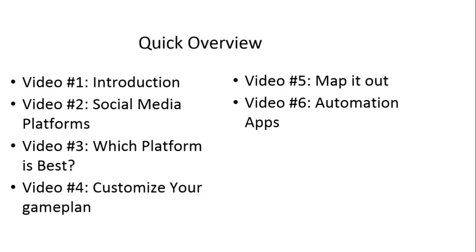And of course, last but not least, once you have mapped it out, we're going to talk about automation apps. There are many different apps out there that will allow you to automate your social media presence. So for example, if you posted something like an image, content to Facebook, then you could create automation apps that would copy that information to your Twitter, to your Instagram, and to other social media platforms as well.